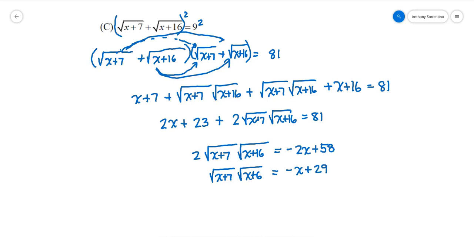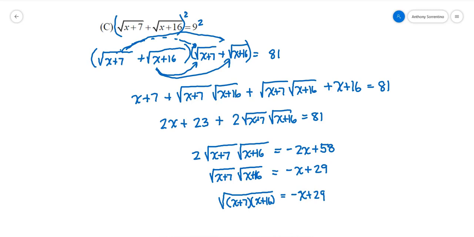And recognizing the fact that if I have two separate square roots being multiplied together, I can rewrite that as the square root of their product. There should still be a 16 up here. So we have that.